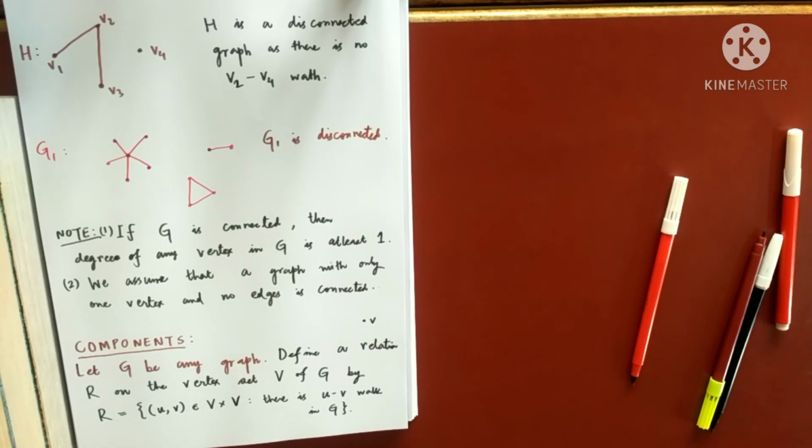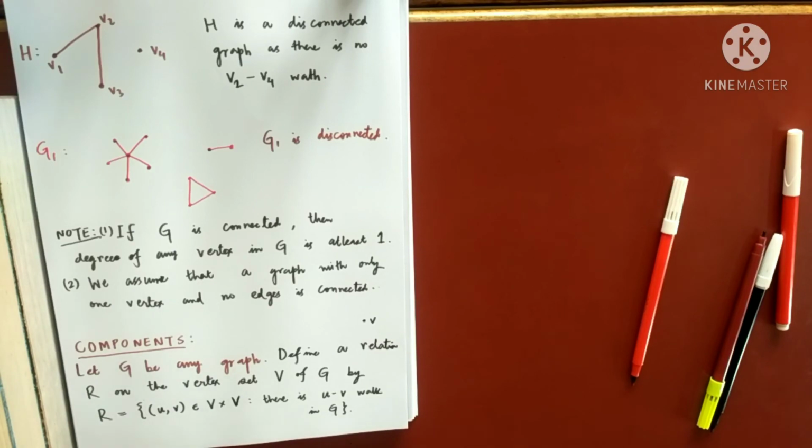Now my claim is this relation is an equivalence relation. That is your home task. I taught you what I mean by an equivalence relation last semester, and you must show why this relation is an equivalence relation. That means you have to show that u is related to u for every vertex u, that is reflexive.